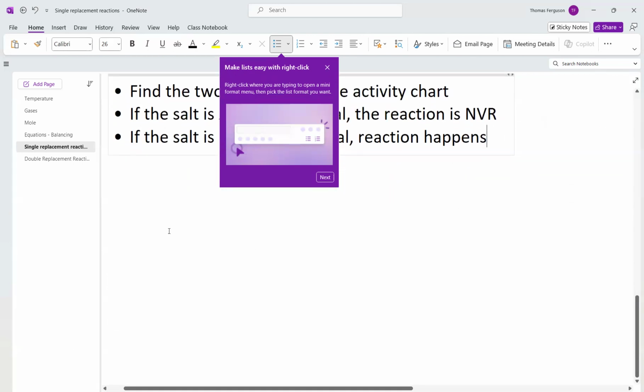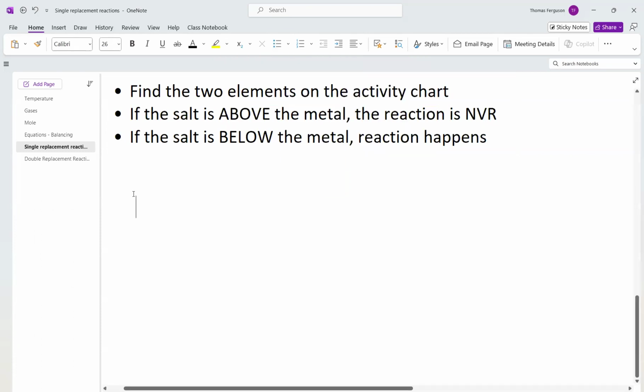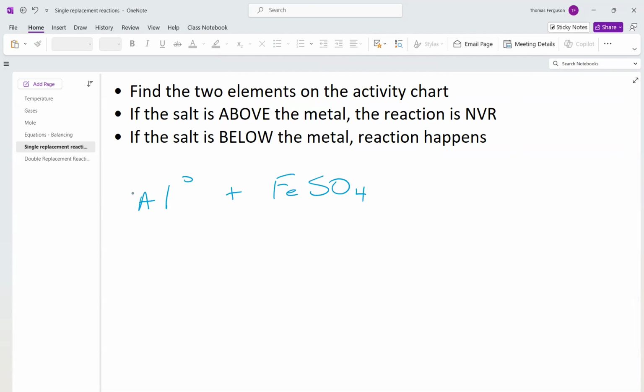All right, so let's do another example. Now instead of saying Fe plus 2, I'm saying FeSO4, because the charge on SO4 is -2 and the iron is +2.